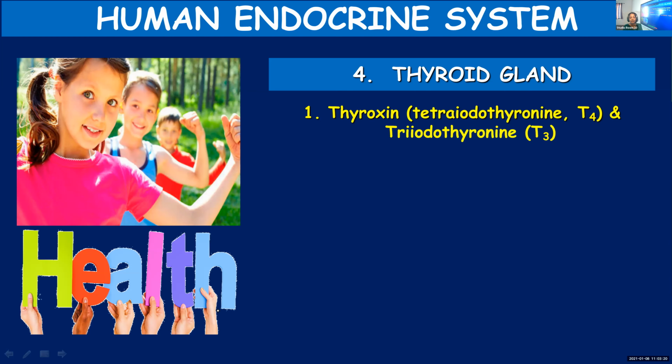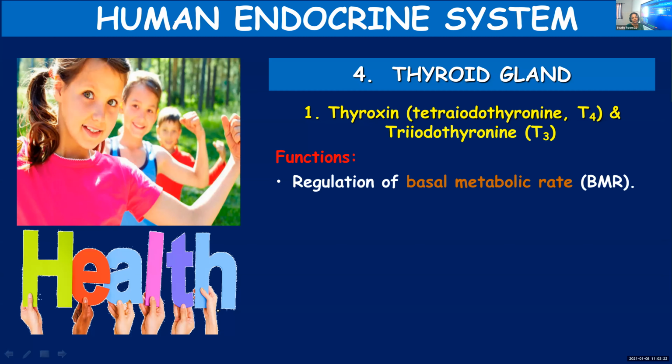BMR is the calories required for carrying out the basic, life sustaining functions in our body. The calories required by the human body to carry out the life sustaining functions. So they help in regulating the basal metabolic rate.